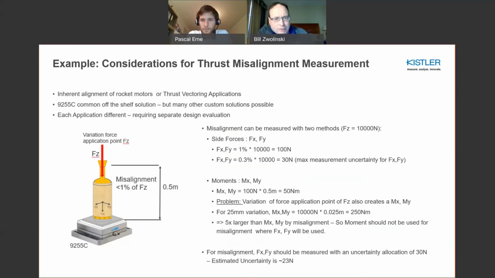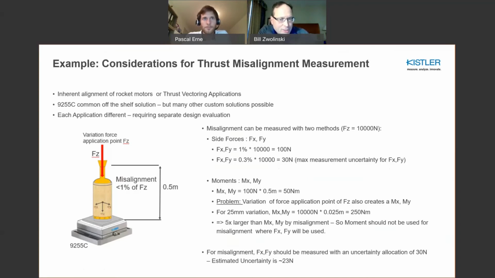And by virtue of our simple calculations here, we reckon that the uncertainties are much lower with regard to measuring the side forces, largely because when you're measuring moments, the actual thrust application point, or FZ, might actually have some variation in it.